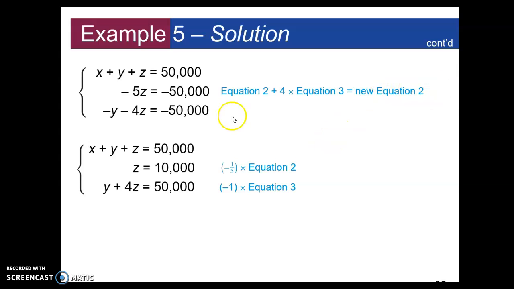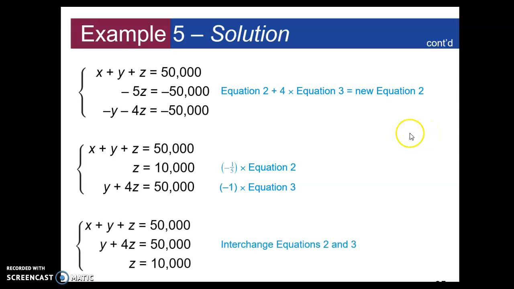And in equation 3, so I didn't have so many negative terms to work with, I decided to multiply through by -1, which is perfectly fine as long as I do it to everything on both sides of the equal sign. So -1 times -y is y, -1 times -4z is 4z, and -1 times -50,000 is 50,000. And then, as I said, I just flip-flopped equations 2 and 3.